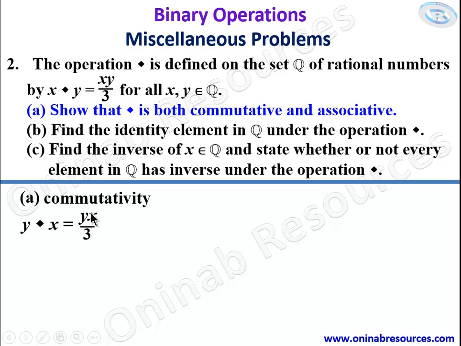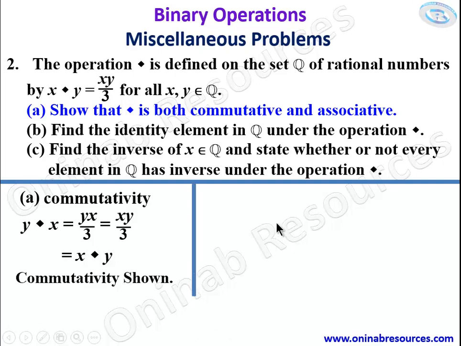So we now have yx over 3. We have already established in our previous video that multiplication of rational numbers is commutative. So yx will still be xy over 3. And this xy over 3 is x operation y. So we have shown that y operation x is equal to x operation y. Then we conclude commutativity shown.